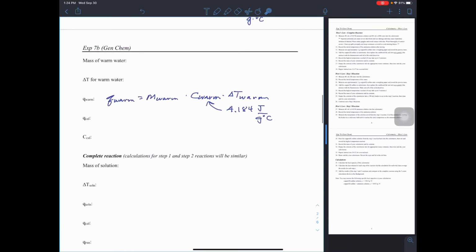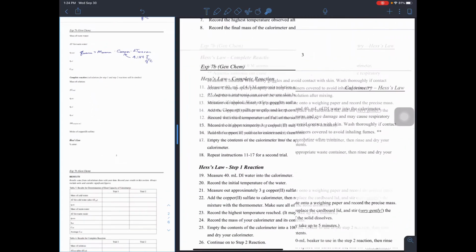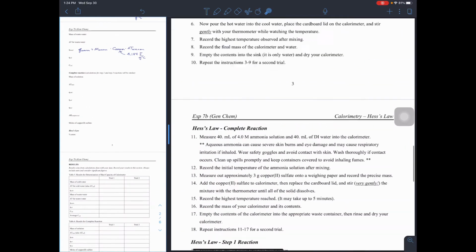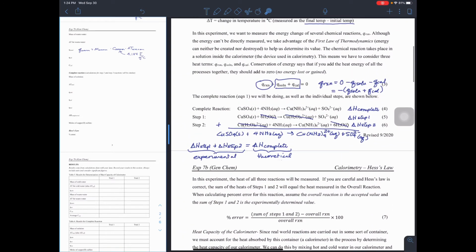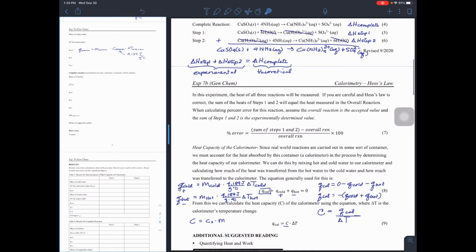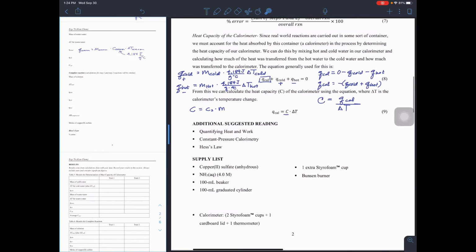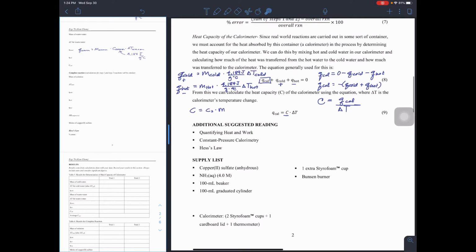Okay, now we need to calculate Q cal. So this is where we go over to our discussion in the pre-lab lecture. Here we go, heat capacity of the calorimeter. Qcal plus Q cold plus Q hot equals 0. We just calculated Q hot and Q cold, warm, hot, same thing.